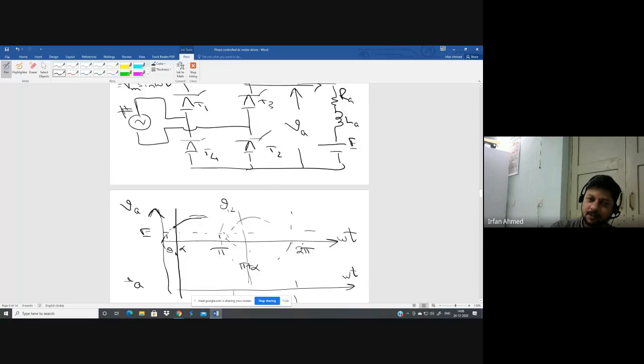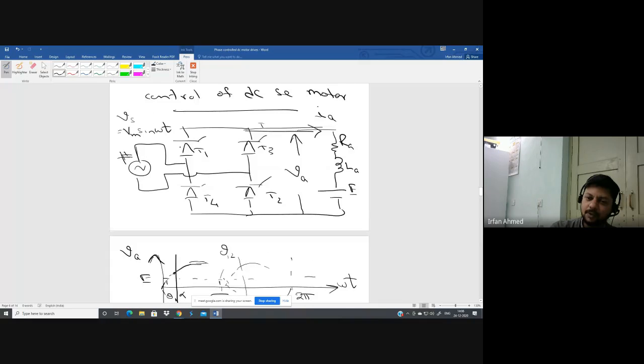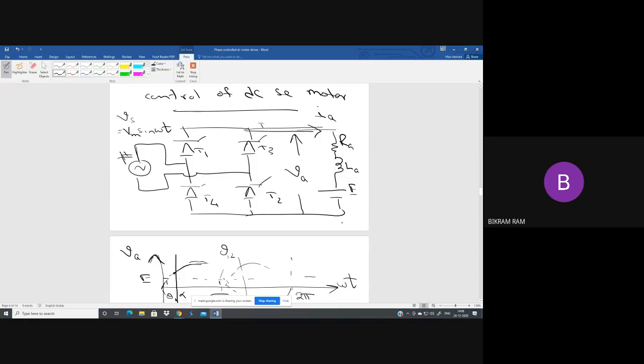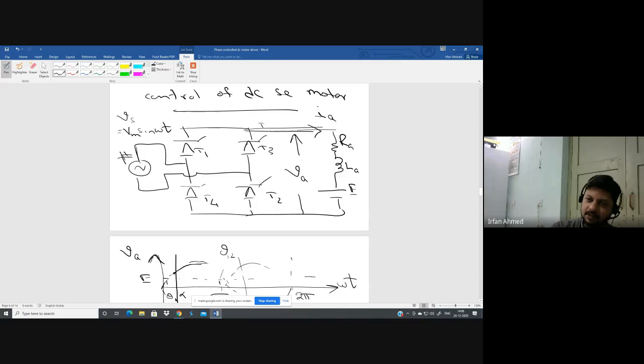When will the current of T1, T2 become 0? Two possibilities. Either when the inductor is completely discharged, that is, when the load current or the armature current becomes zero. That is the first case.